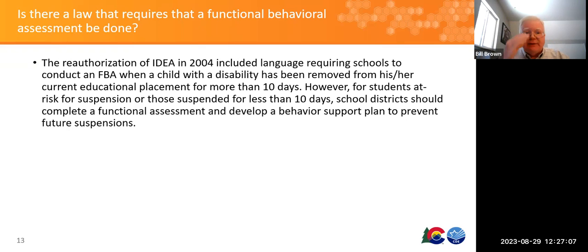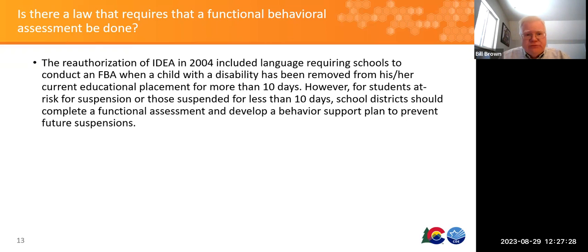This we already kind of talked about. Is there a law that requires a functional behavior assessment be done? And there is. Anytime you have a manifestation determination review process, you're required to do a functional behavior assessment.